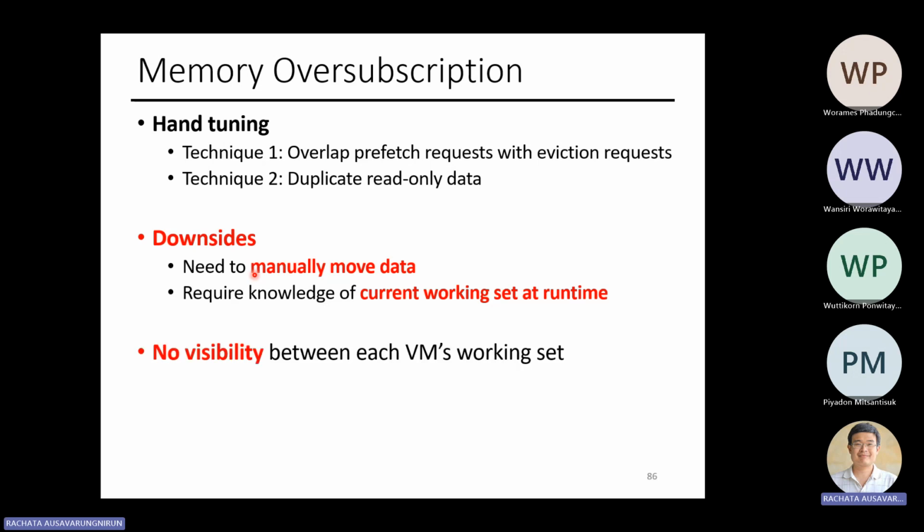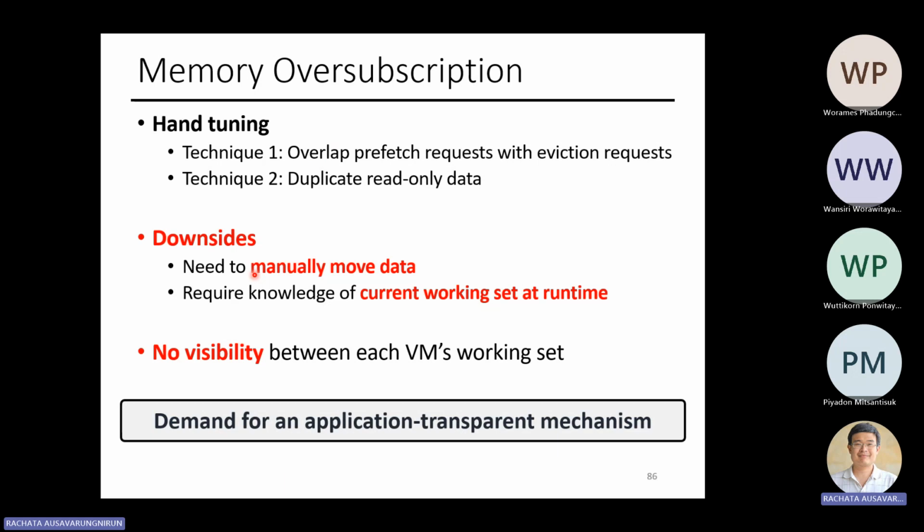And when you run multiple VMs or multiple containers, or even multiple applications on a GPU, you have no way to check, hey, for that application, how much memory is it using? You have no idea. You have to guess. And most of the time, if you're sharing the GPU, your guess will be wrong because there's no way to tell, right?